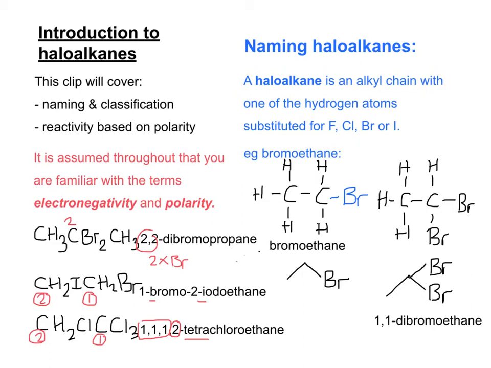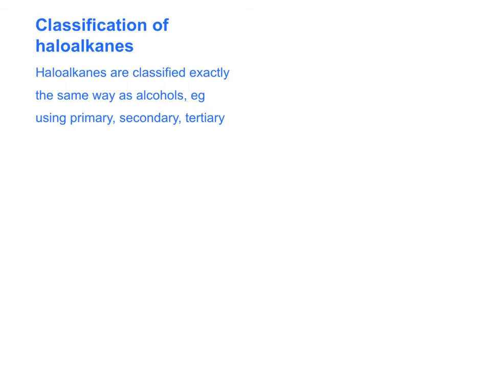So let's move on to classifying haloalkanes. So the classification here is exactly the same. So what we're looking at is the carbon attached to a halogen.